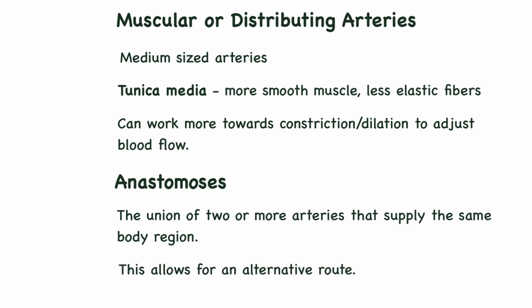So if there is something wrong with one of the blood vessels, blood can still be supplied to that area because of this union of two or more arteries coming into this area.